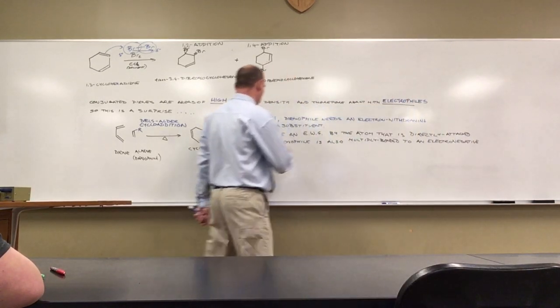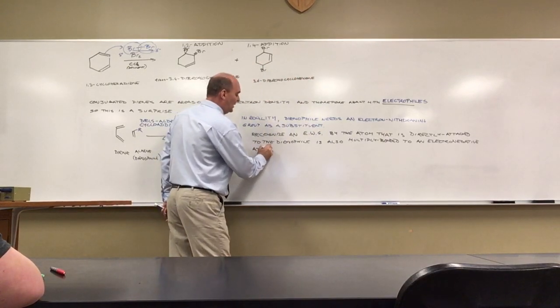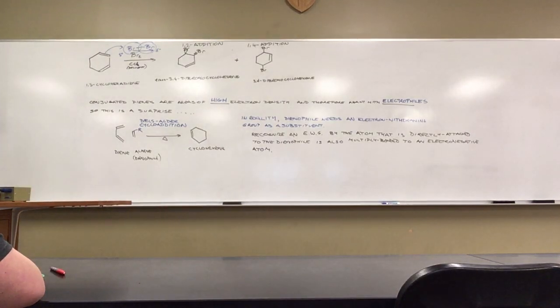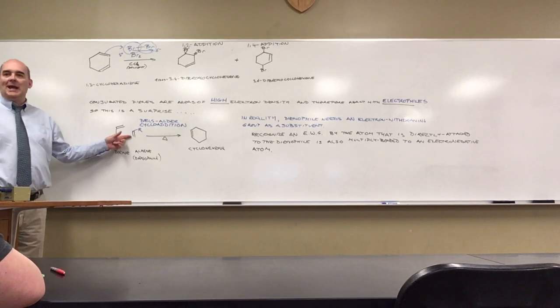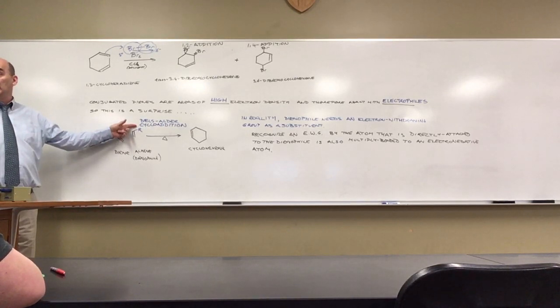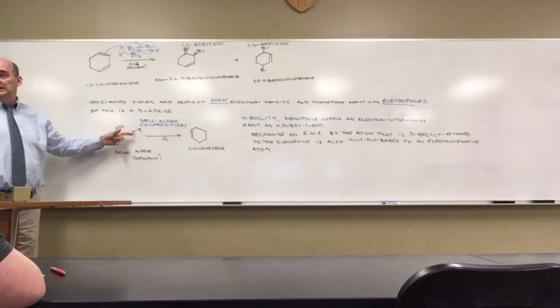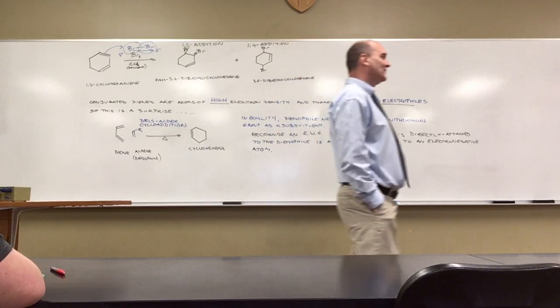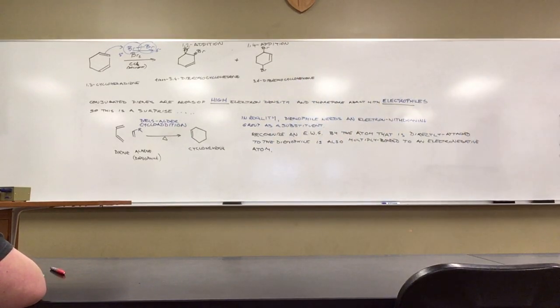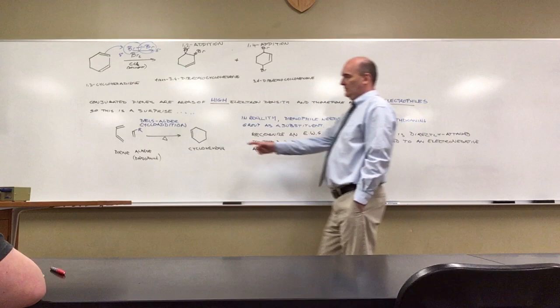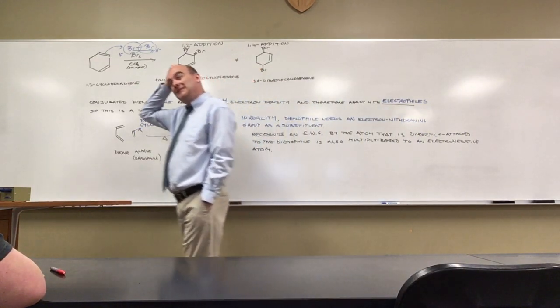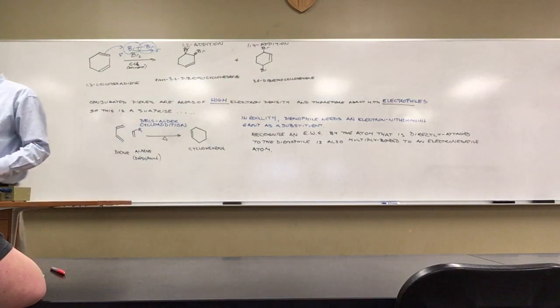All right, let's pause for a second and think what that means and how to recognize it. The dienophile is my alkene. The blue group right here is my substituent. It needs to be an electron withdrawing group, which means that the atom that is attached to the alkene is also multiply bonded to an electronegative atom.